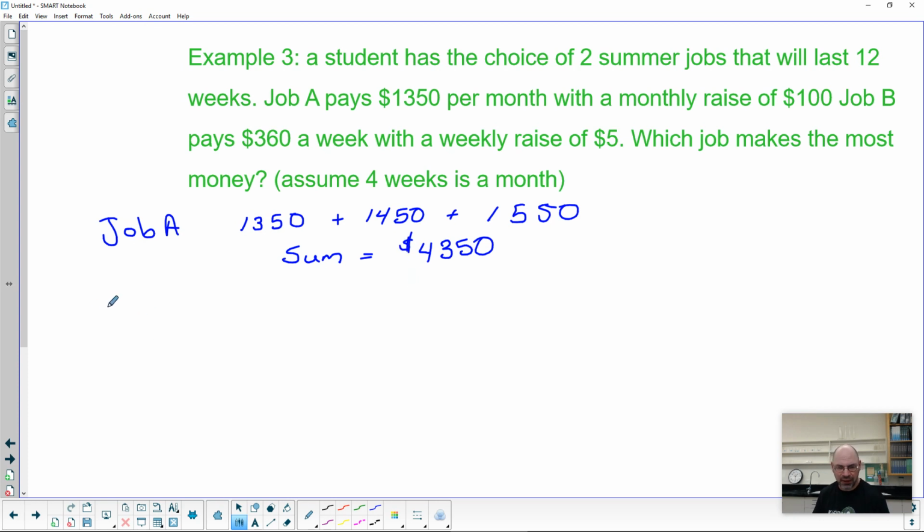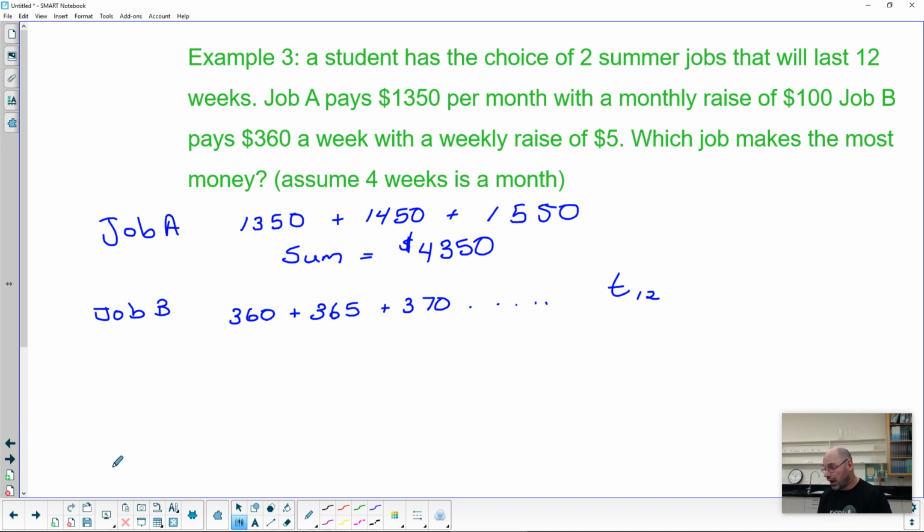Okay, now job B, if we set job B up, we're going to be doing weekly changes. So week 1, she starts off with $360. Week 2, she's going to be $365. And then $370 and so forth, all the way up to whatever T12 is. Going to have 12 weeks in there.